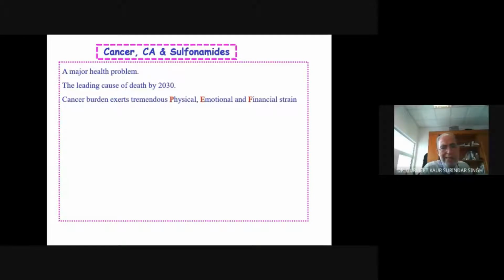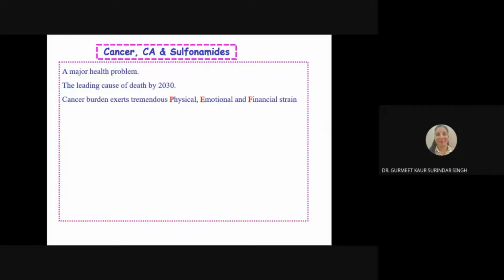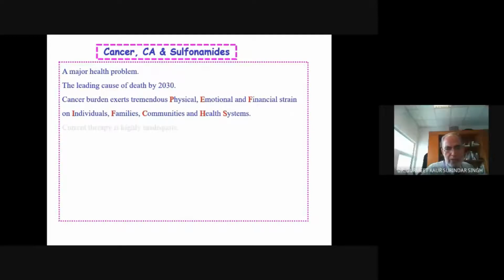Cancer also has a deleterious effect on the economy, physiology, and lifestyle of the individual and the community as well, because it affects the families and the health systems in every aspect.